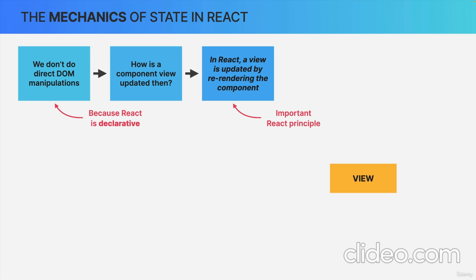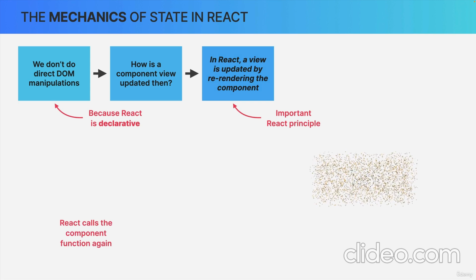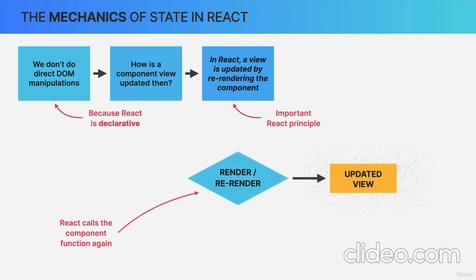But for now, just know that re-rendering basically means that React calls the component function again, so each time the component is rendered. So conceptually, we can imagine this as React removing the entire view and replacing it with a new one each time a re-render needs to happen. But again, we will learn exactly what happens later.